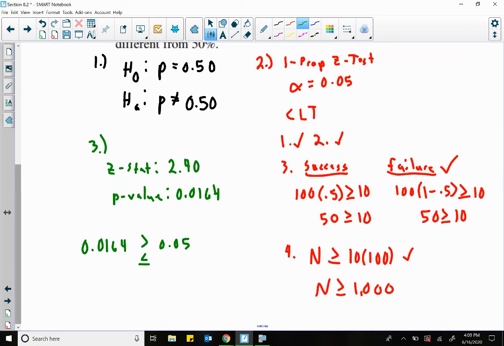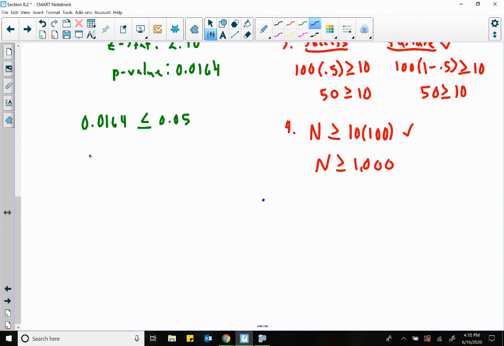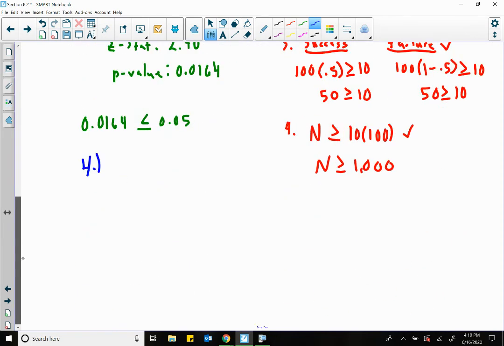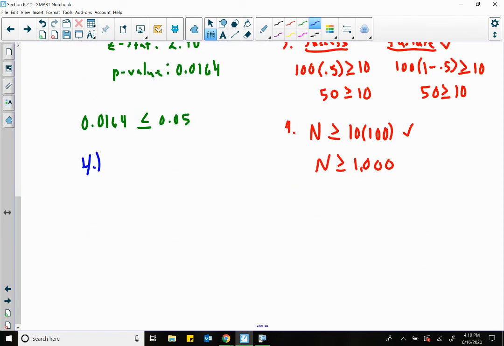So based off of that information, hopefully you selected the less than or equal to. And now we can go into step 4, and we can talk about the interpretation. The cool thing in step 4 is they already gave us our interpretation up here. It's one of these two. But before we do that, I want to know, do you reject or do you accept?